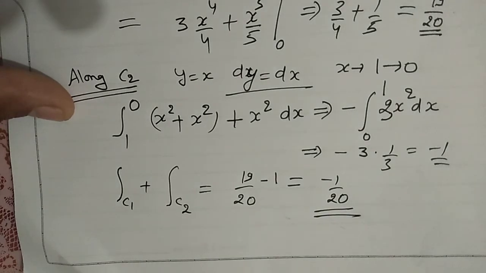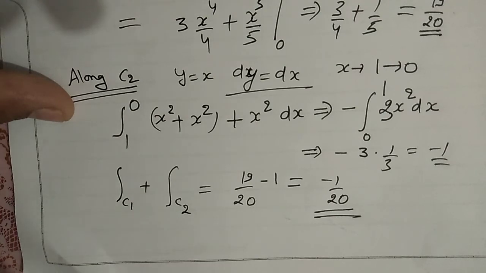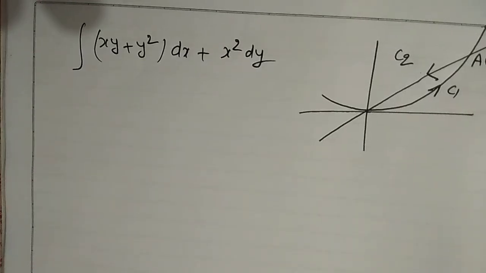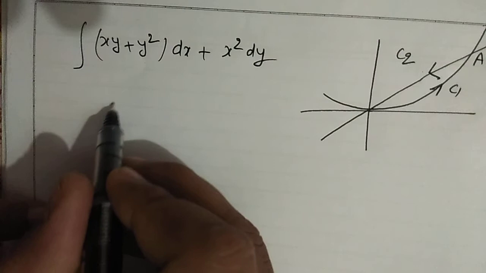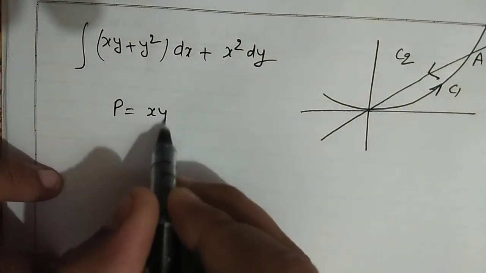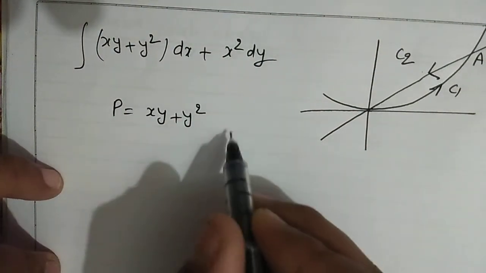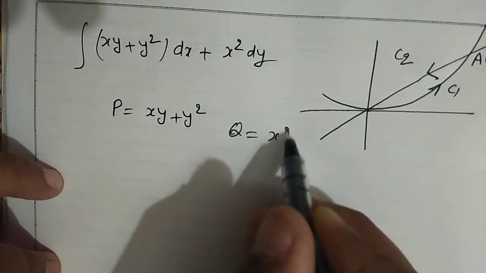So this is your line integral along C1 and C2. Let us see what the surface integral is. For this integral, P will be xy plus y square and Q will be x square.